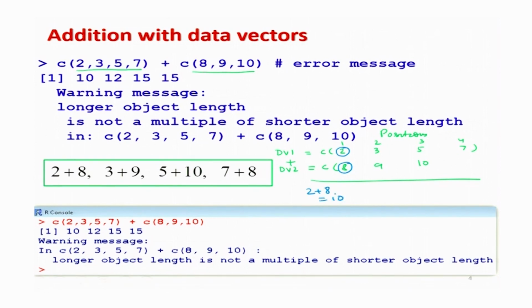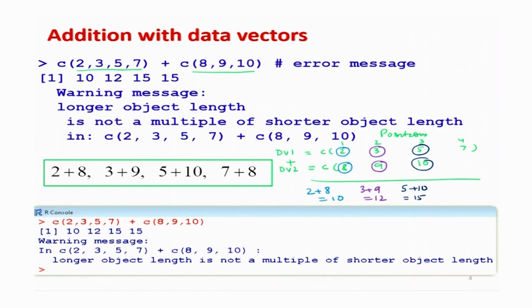After this, the control will come to the second value in data vector 1 and the second value in data vector 2, and this becomes 3 plus 9, which is equal to 12. Following the same rule, it comes to the third value in the first data vector and the third value in the second data vector. This becomes 5 plus 10, which is 15.